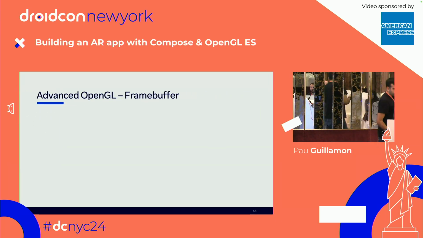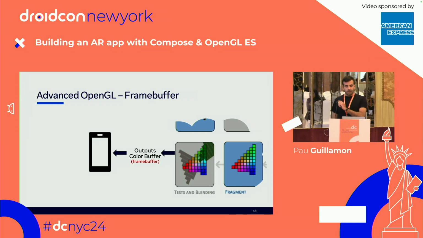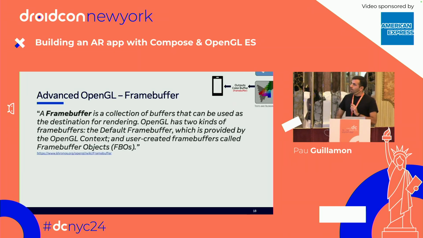Let me introduce you to frame buffers, our advanced section of the OpenGL crash course. If you remember frame buffers from when I explained the graphics pipeline, the Khronos website defines the frame buffer as a collection of buffers that can be used as the destination for rendering.